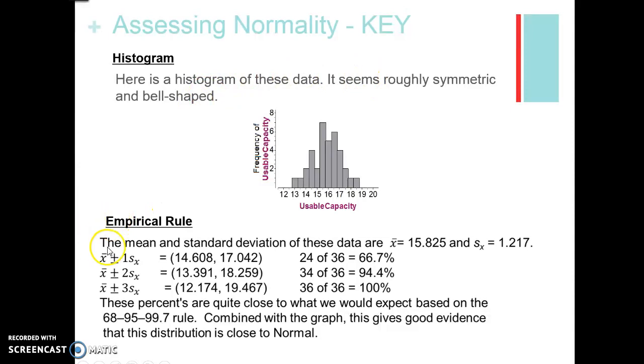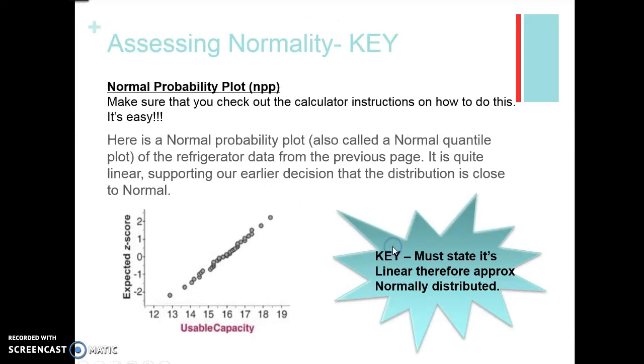Now, remember with the empirical rule, remember that 68% of the data is within one standard deviation of the mean. 95% of the data is within 2 standard deviations of the mean, and 99.7% is within 3 standard deviations of the mean. So in order to see if this data follows those percentages, number one, find your mean.